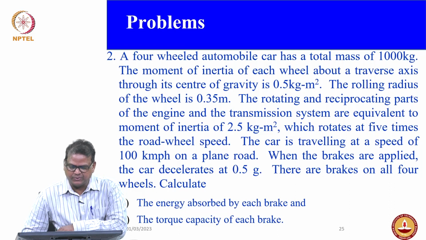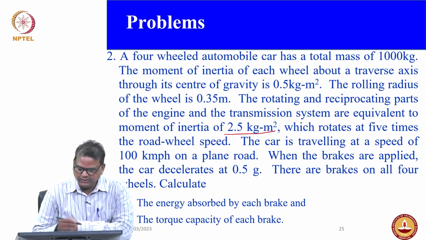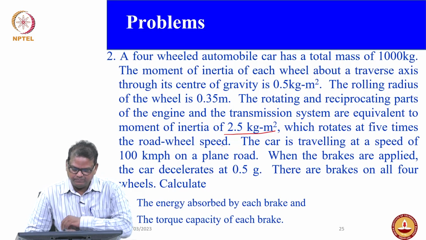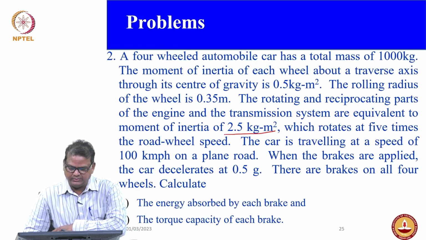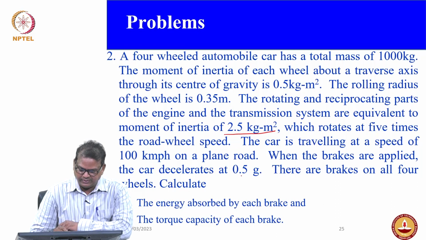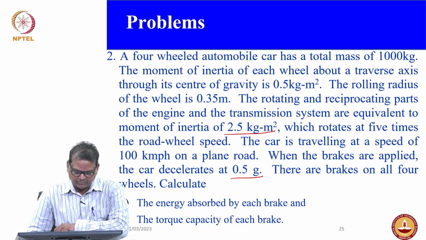The rotating and reciprocating parts of the engine and the transmission system are equivalent to a moment of inertia of 2.5 kilogram meter square, which rotates at 5 times the road wheel speed. The car is traveling at a speed of 100 km/h on a plain road. When the brakes are applied, the car decelerates at the rate of 0.5 g. There are brakes on four wheels, so you need to find out the energy absorbed by each brake and also the torque capacity of each brake.